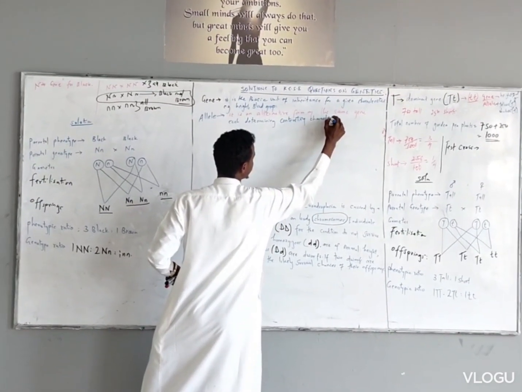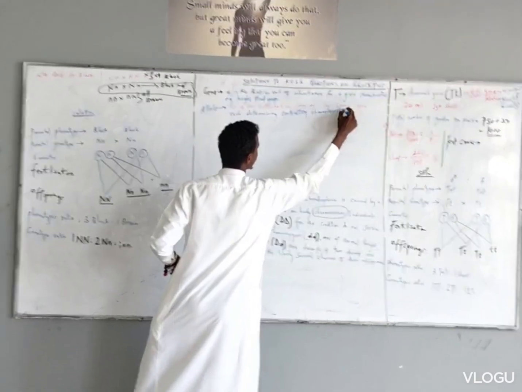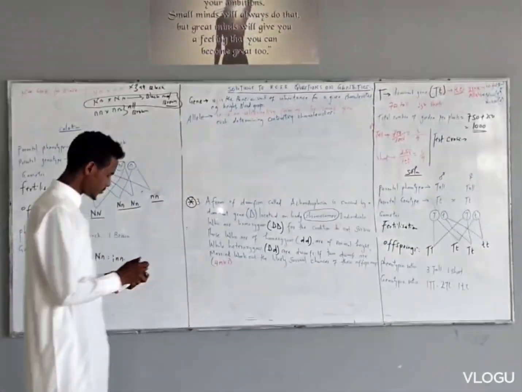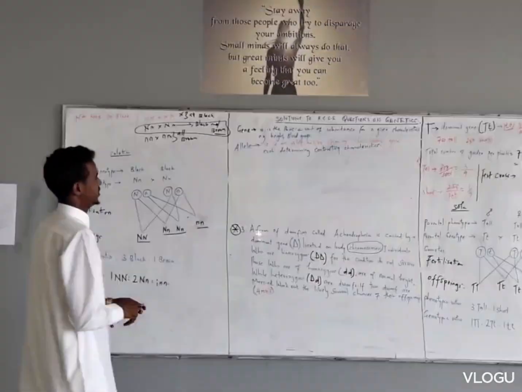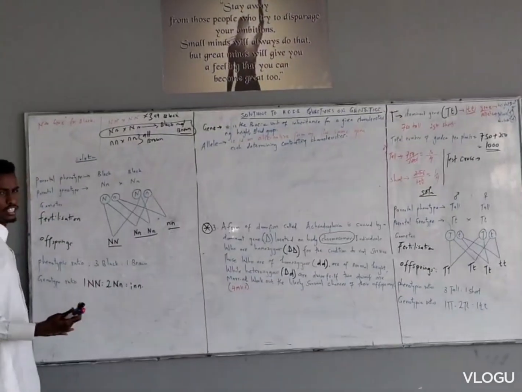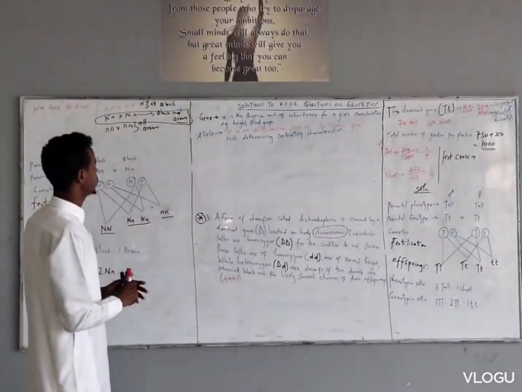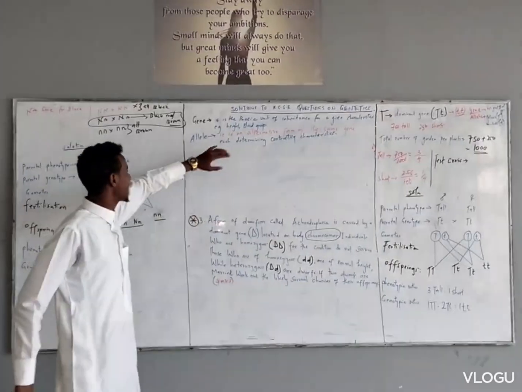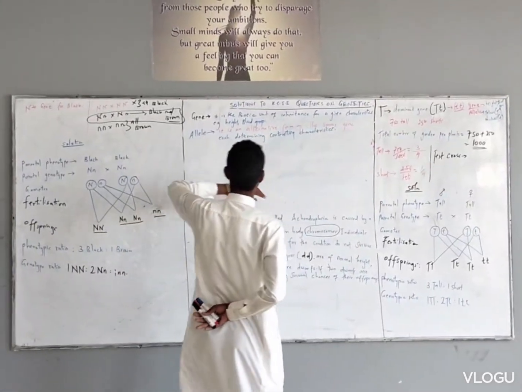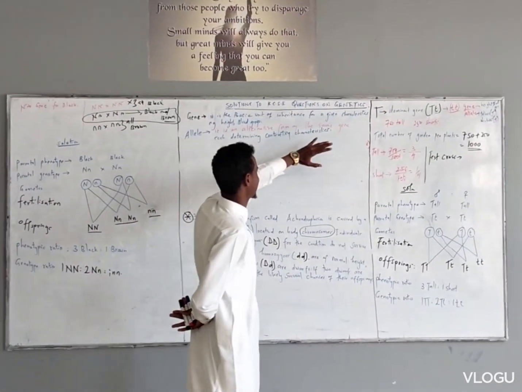Class, you may wonder what the whole definition means, but let me break it down. We say an allele is an alternative form of the same gene, each determining contrasting characteristics.